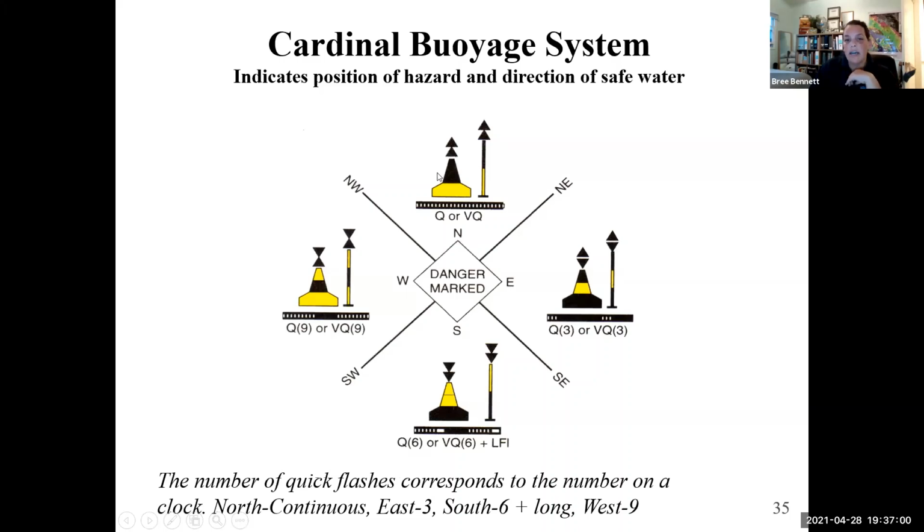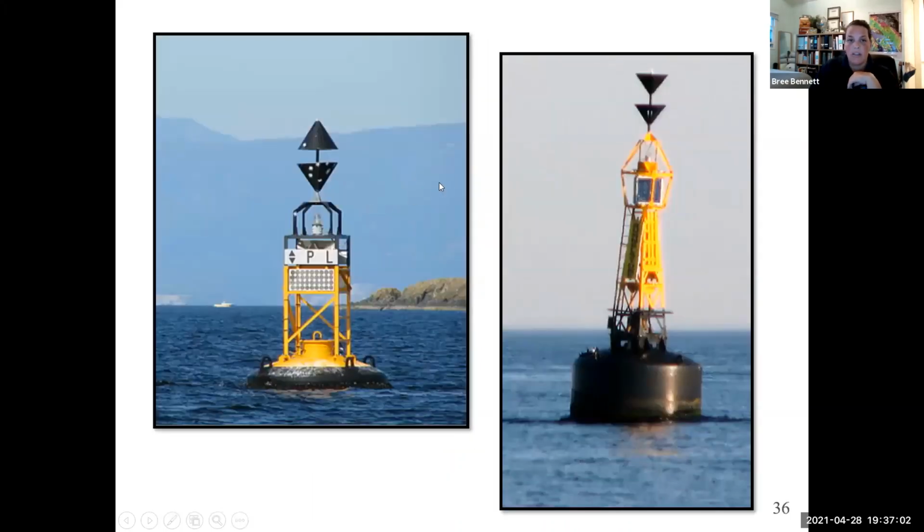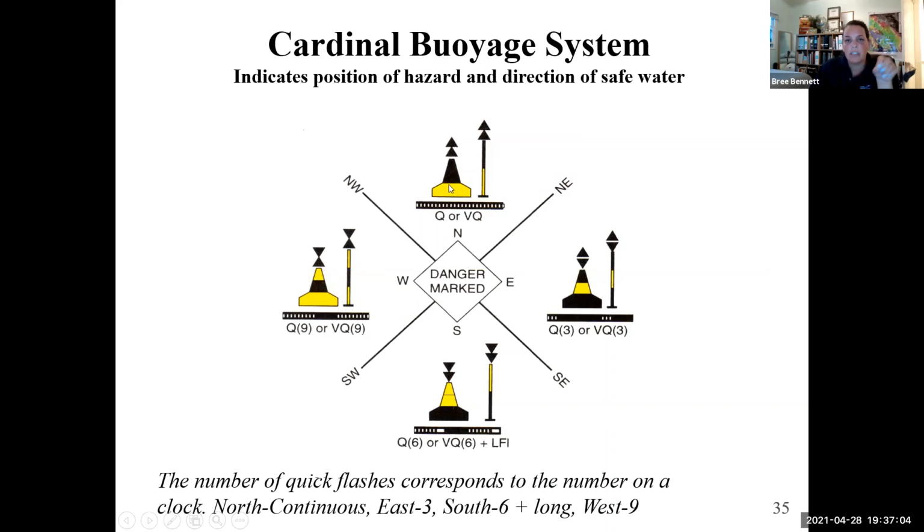So let's describe them first. If you see the buoy with black and then yellow on the bottom, and your top marks are 2 triangles pointing up, that means your safe passage is to the north. If you have the band where it's black, yellow, black, and it makes a diamond, your safe passage is to the east.